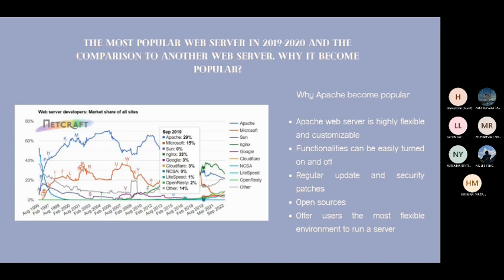Because Apache is really flexible and customizable, and the functionality can be easily turned on and off. Apache also has regular updates and security patches. Then Apache is also open source. It offers users the most flexible environment to run the server.